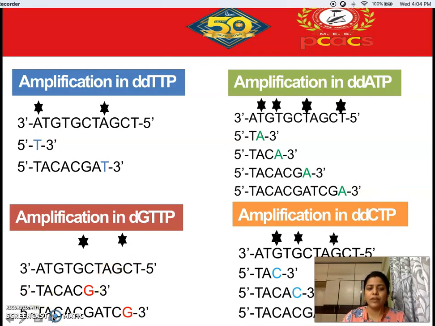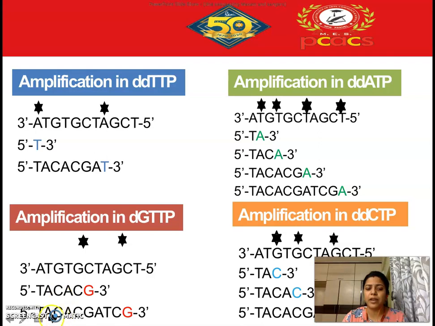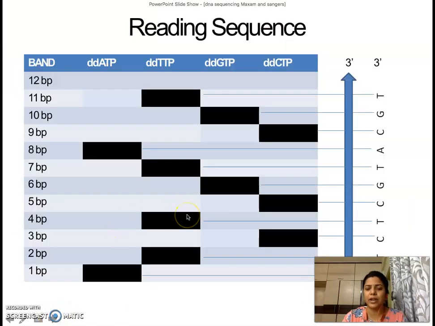Okay. So once you have got these different fragments, depending upon the termination of the amplification, you would be getting this gel, and then as I told you, you have to read it from the 5' end to the 3' end.